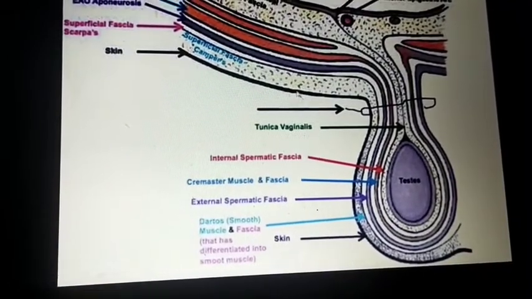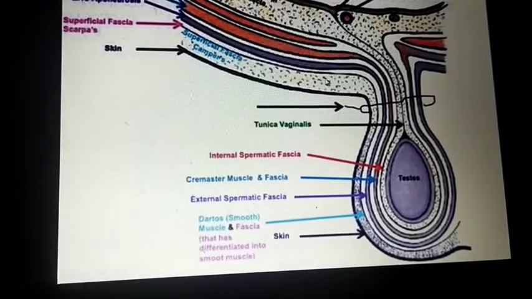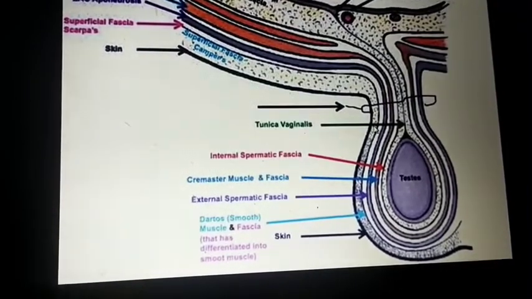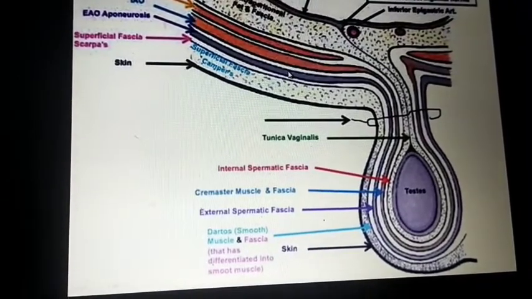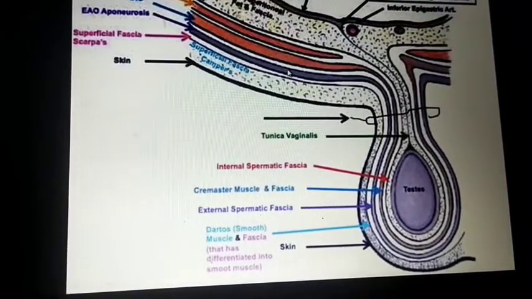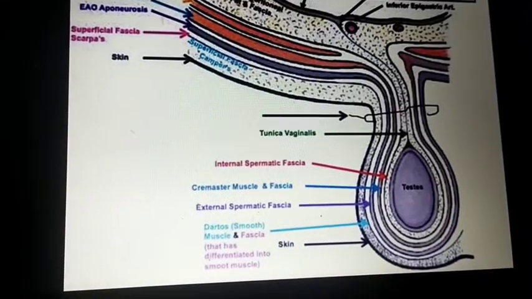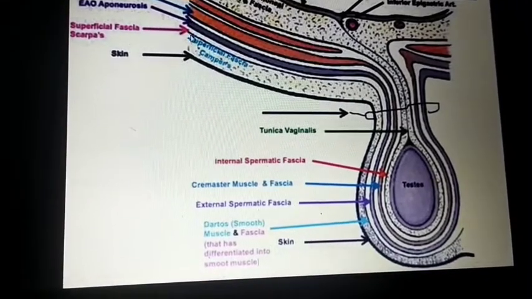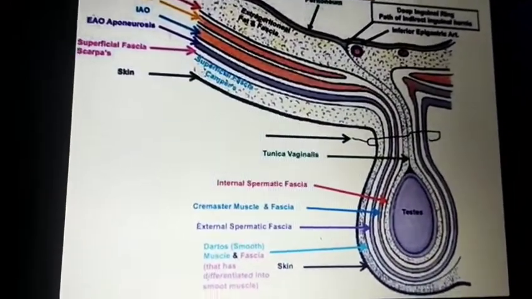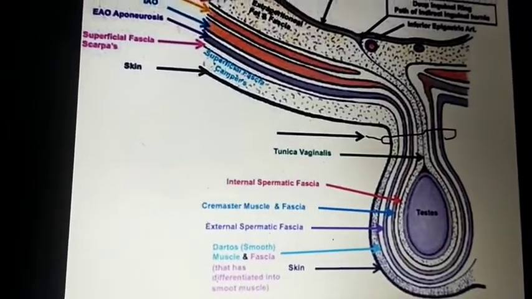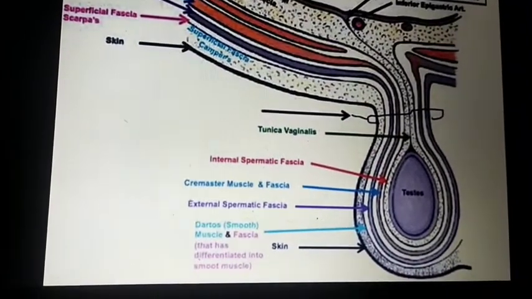And this is the innermost, Scarpa. Okay, and this is the external oblique aponeurosis. That forms the what?